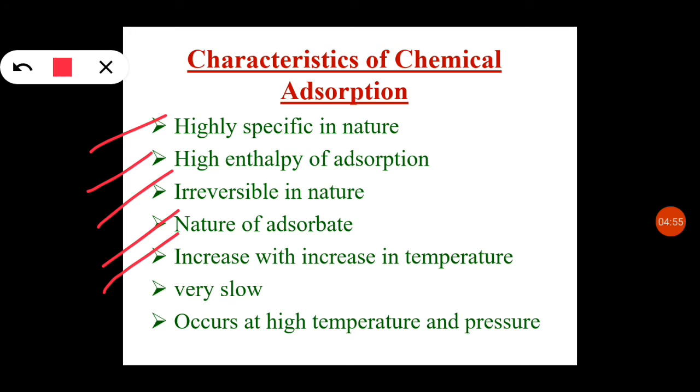So it occurs more with increase in temperature. It is very slow, not fast, because bond formation takes time after energy changes. Then it occurs at high temperature and pressure, for the same reason, because activation energy is involved.